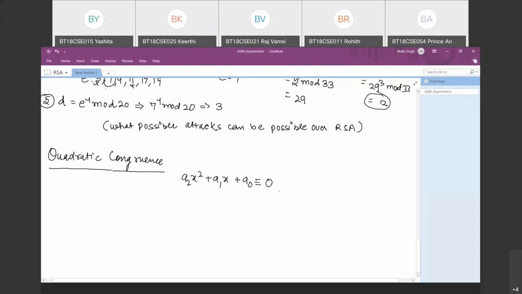In this equation, we have to assume that my a1 equal to 0 and my a2 equal to 1. So my equation can be like x squared congruent to a mod n.